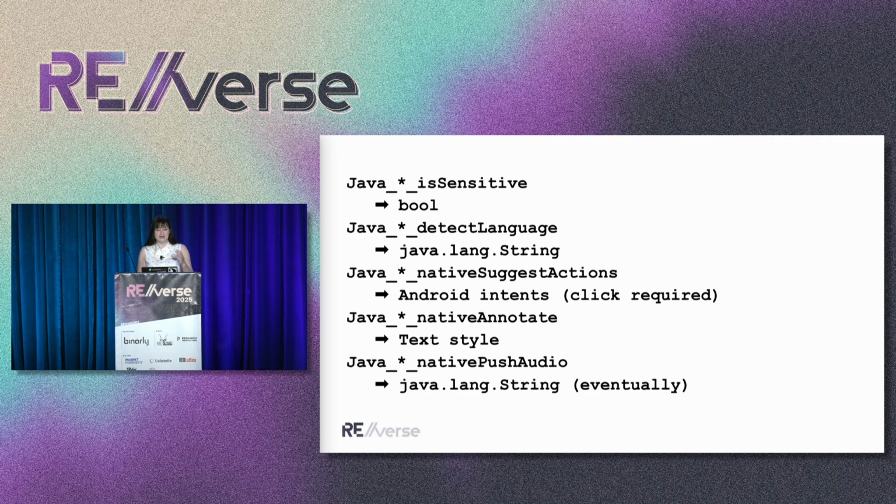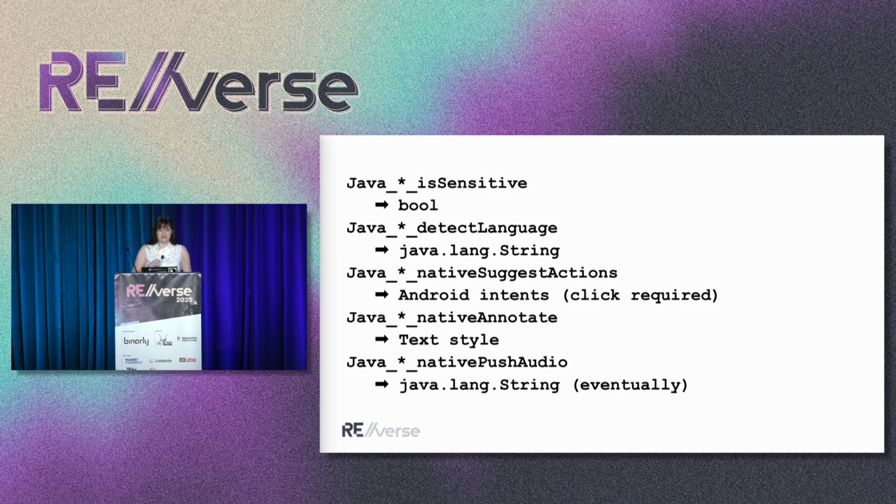So there might be tiny injection possibilities, phone the wrong phone number or something like that. But this would require the click from the user. And also it's kind of a minor subset of functionality. There is annotate, which just returns the text style. That's the thing that makes the links blue. And then there's push audio, which takes audio in and returns a string that is that audio transcribed.